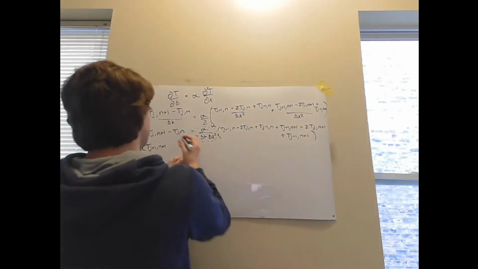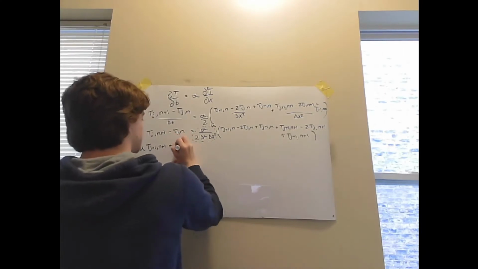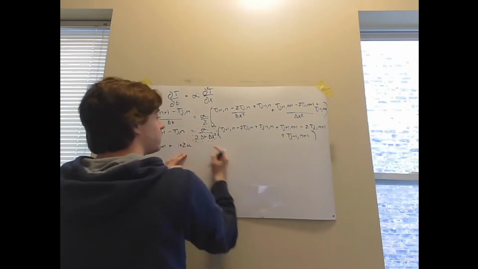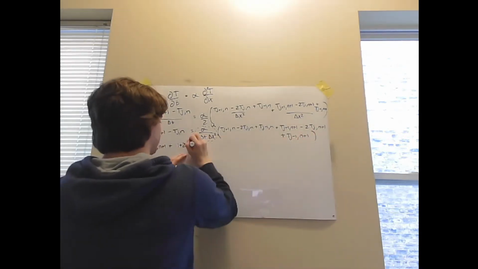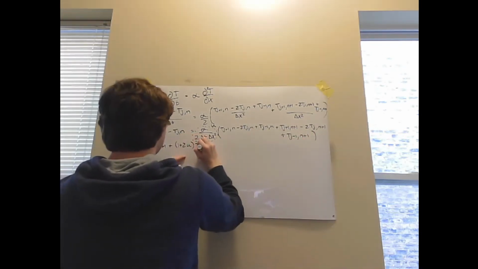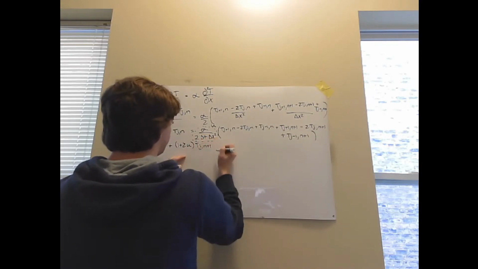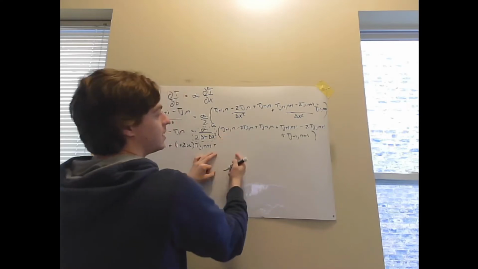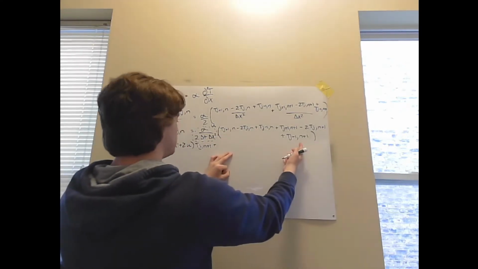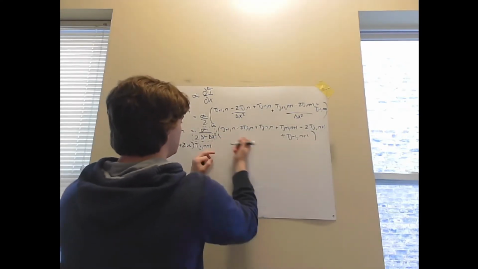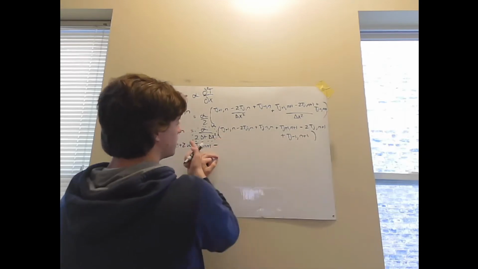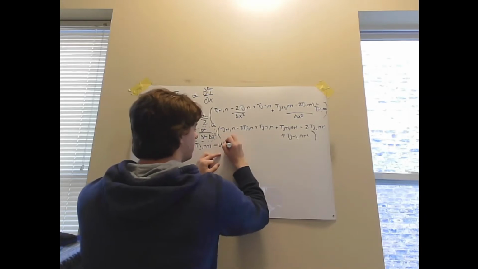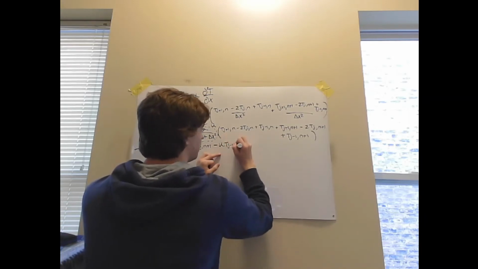We'll add it over. So this is just going to be plus 1 from this term over here, plus 2u from the coefficient on this term, times Tj at n plus 1. And then our last term, we're going to move this term over. So it's going to be negative since we're subtracting it to the other side, and then multiplying by u. So negative u times Tj minus 1 at n plus 1.